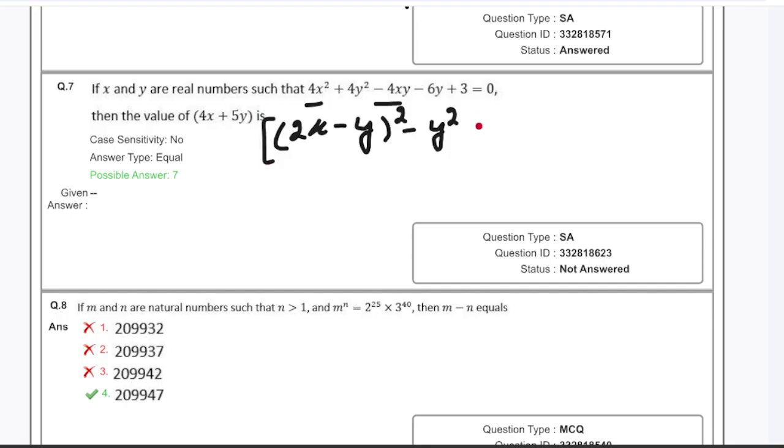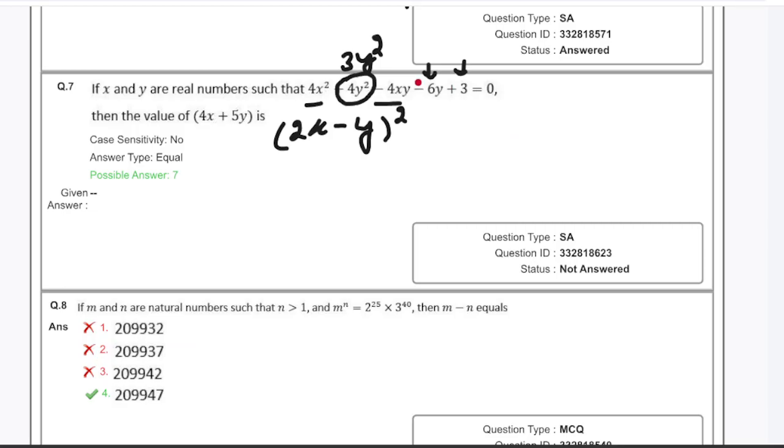This is equivalent to 4x square minus 4xy. If I just open it, 4x square plus y square minus 4xy, plus minus minus cancelled out. Now this minus y square we can subtract from here, so we will be left with 3y square minus 6y plus 3. And this minus y square gets cancelled out.